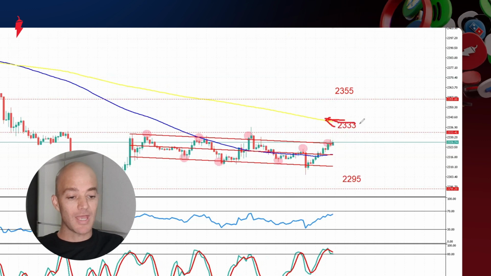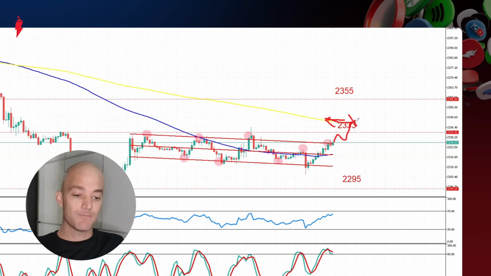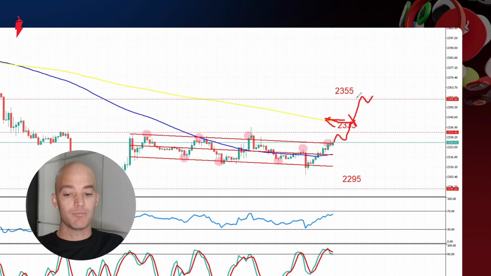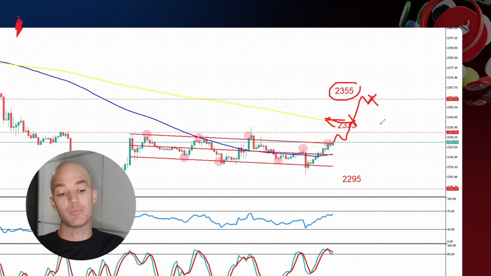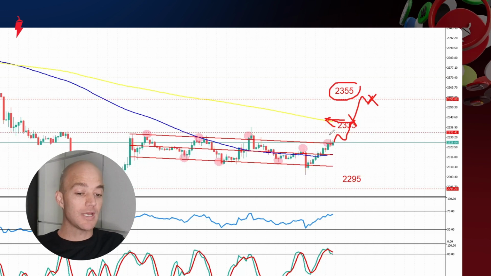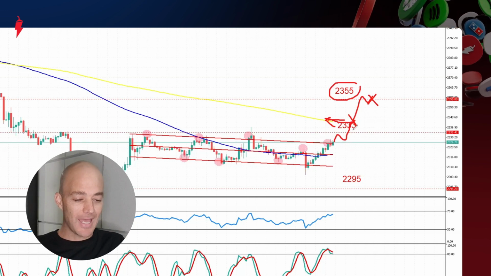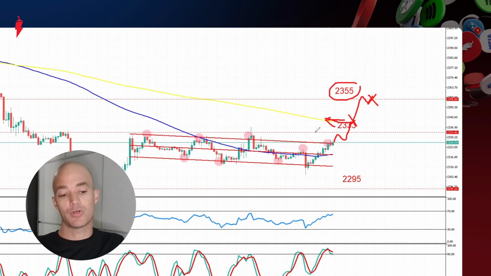So wherever that moving average is by the time of the breakout, that might be the first target. Alternatively, the next big support and resistance level is this 2355, which can also be a potential target if the market breaks out of this range with conviction, and as an added condition, probably the 2333 support and resistance level.